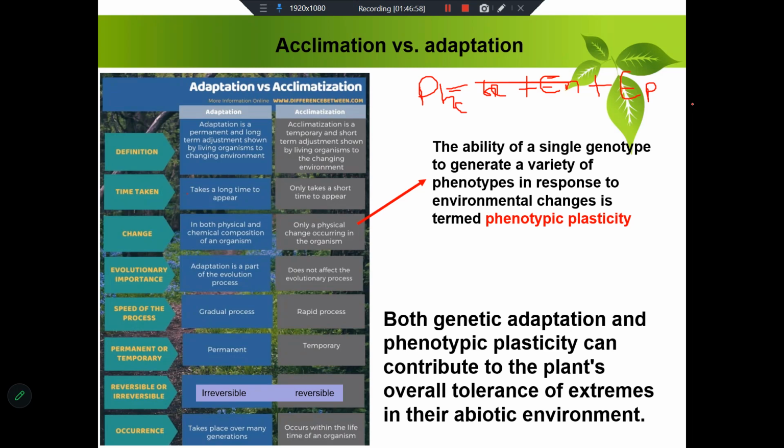Some characters have a genetic component as well as an environmental component. For example, let's take our skin color. Skin color is partially determined by our genetics, and also if you are exposed to sunlight for a long period of time, you will become darker, because of the environmental component. And there is an epigenetic component too.